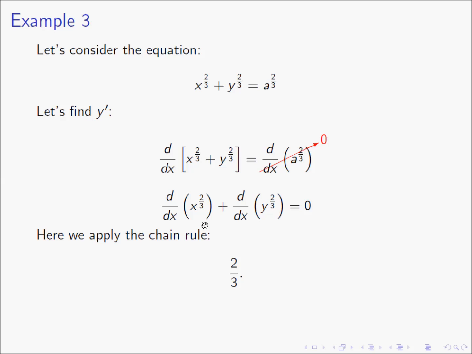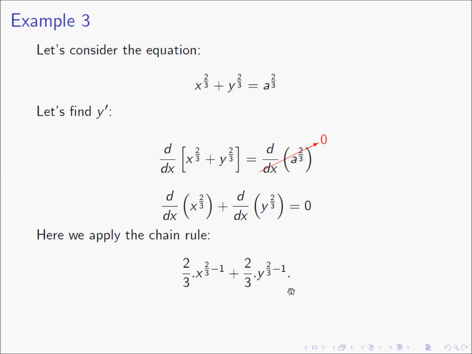Well, in the second term we will need to use the chain rule, but in the first term we apply the power rule to get 2 over 3 times x to the 2/3 minus 1. And now we need to apply the chain rule because y is a function of x. So we get 2/3 times y to the 2/3 minus 1.